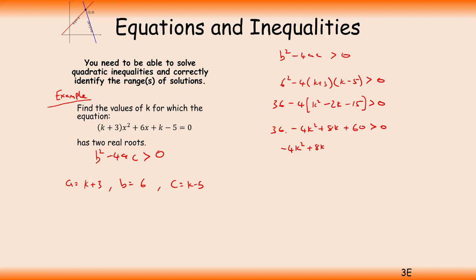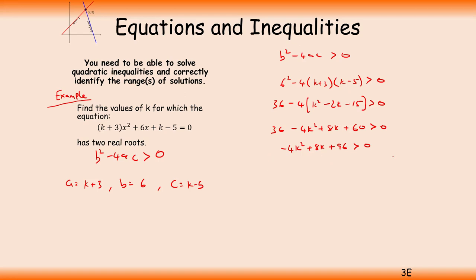And I got 60 plus 36, which gives me plus 96, is greater than 0. So I've got to solve this then to find the values of k for which this works. This is greater than 0.